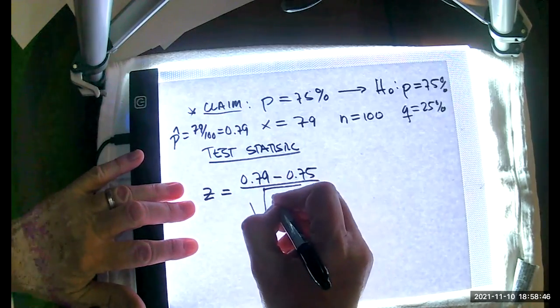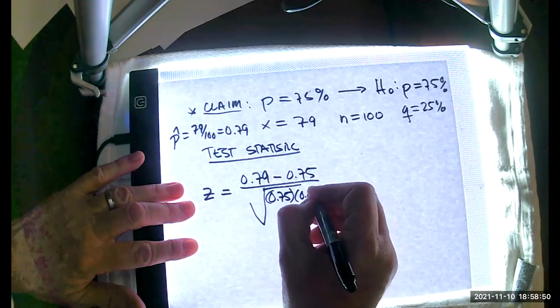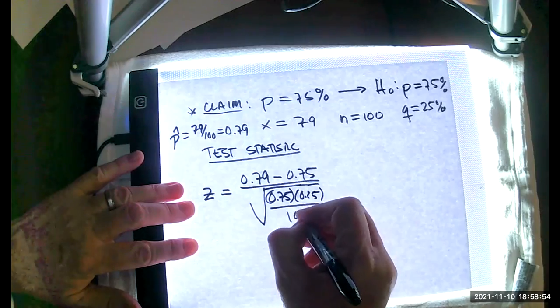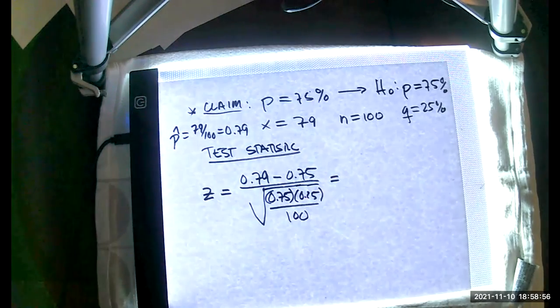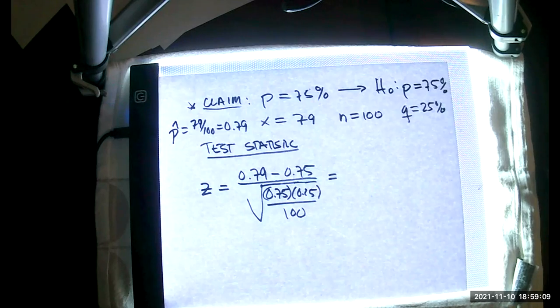Downstairs in the radical, 0.75 times 0.25, divided by my sample size of 100. Many people will remember the formula. The exams and quizzes are open notes and open books. People might just run to the formula because it's a comfortable thing to do, but it can work.